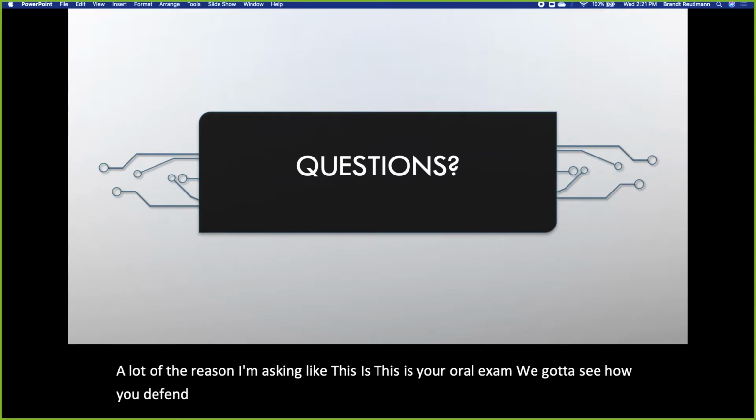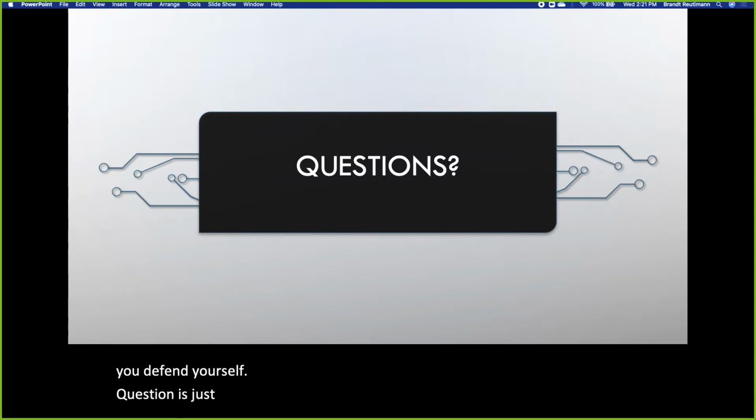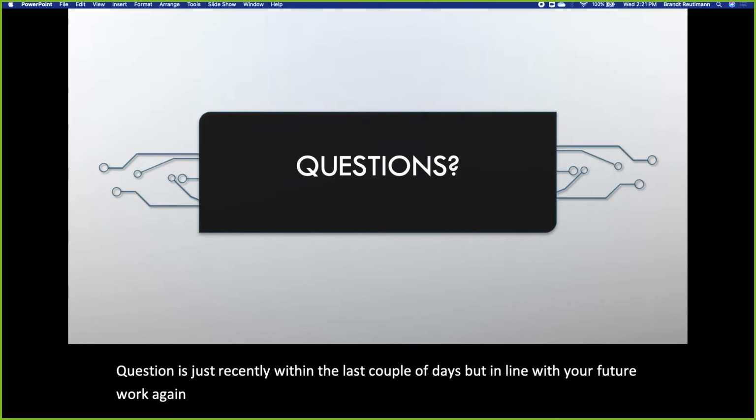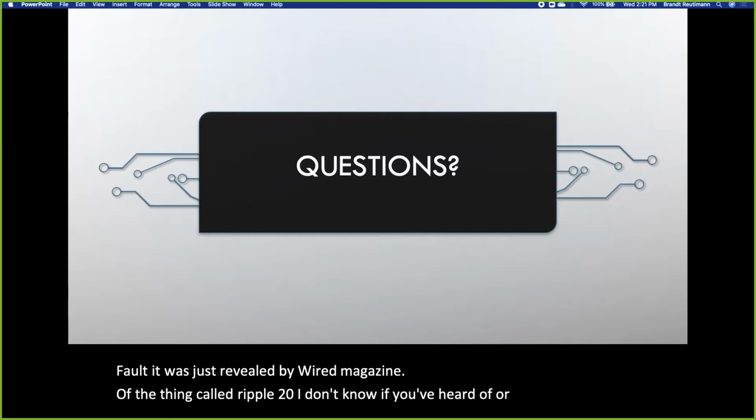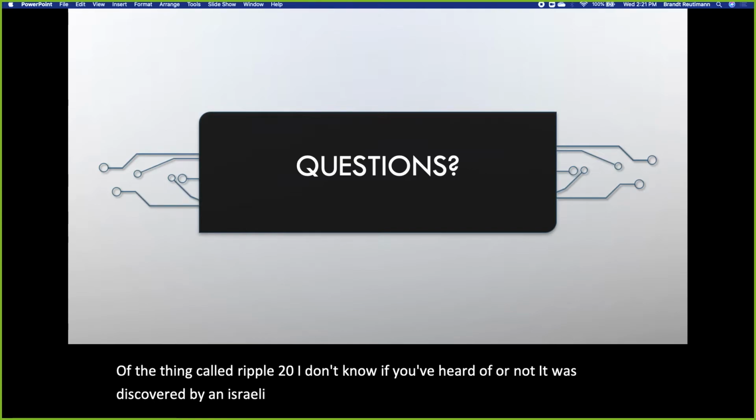Last question: within the last couple of days, in line with your future work on network faults, Wired magazine revealed something called Ripple20. I don't know if you've heard of it. It was discovered by an Israeli cybersecurity research firm.